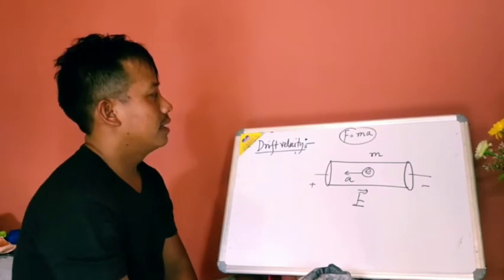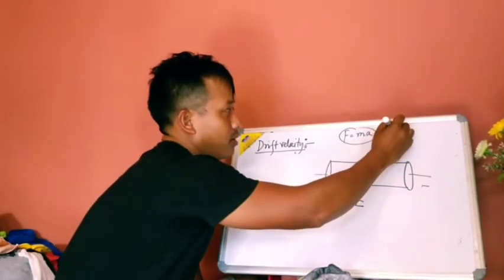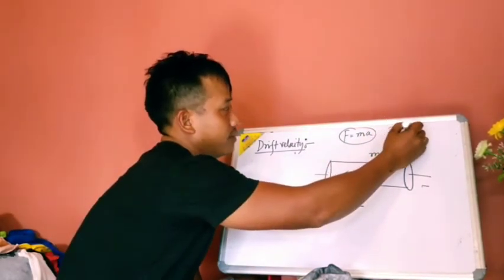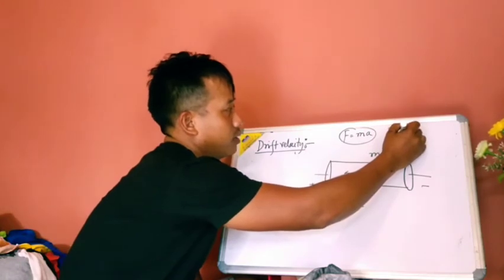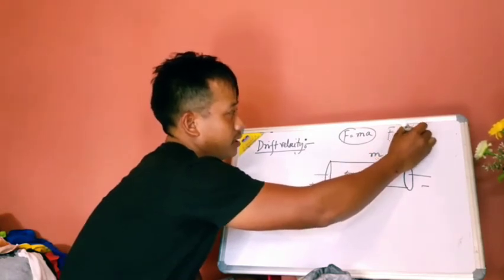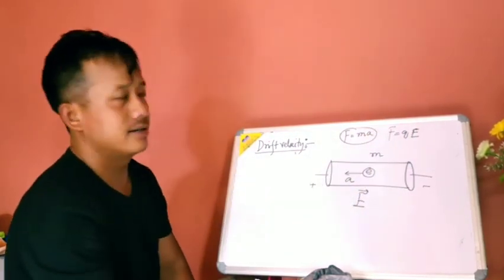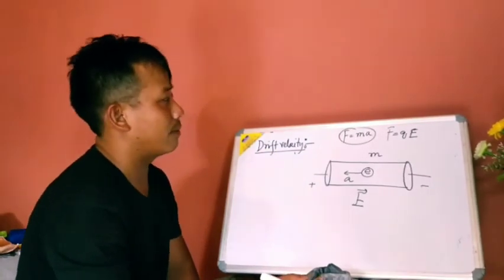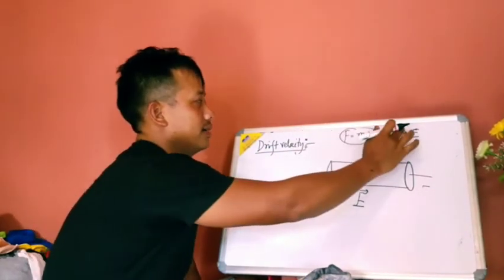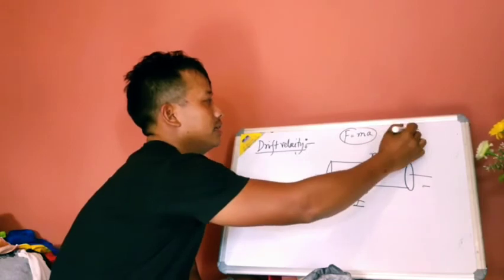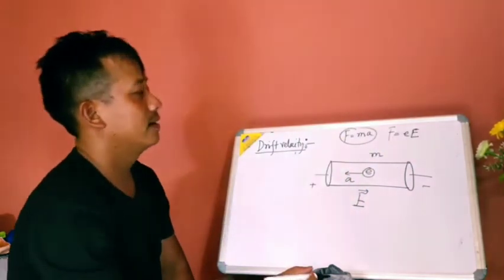Then from electrostatics in unit 1 you have also learned that the electrostatic force is equal to the charge times the electric field E.